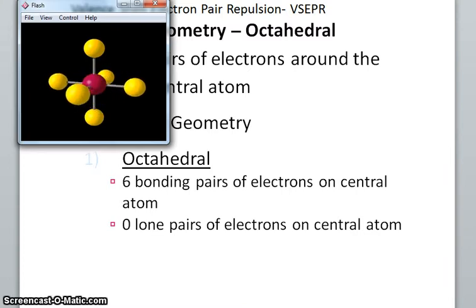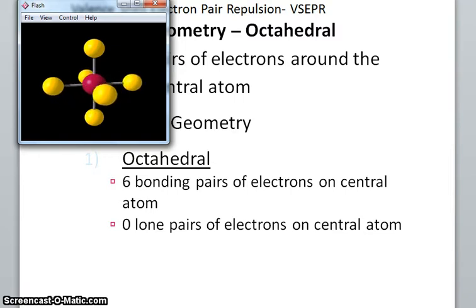So let's look at a model of what an octahedral molecular geometry would look like. We have our central atom in red in our model, and then we've got our bonded atoms to that central atom in yellow. We've got 6 bonding atoms to our central atom. So there are 6 bonding pairs of electrons around the central atom. There are no lone pairs.